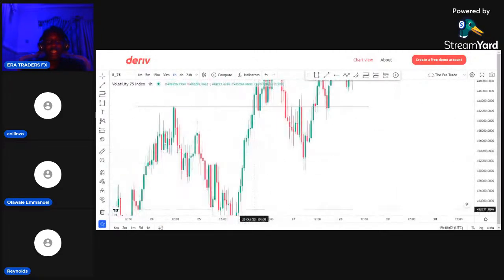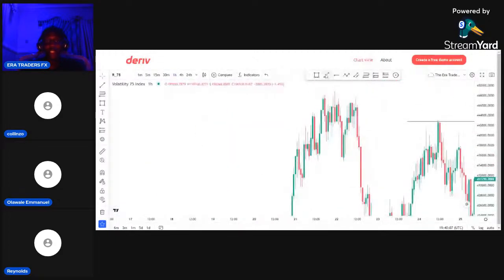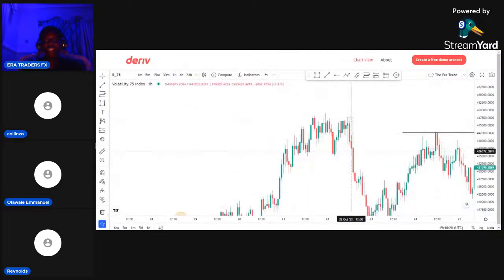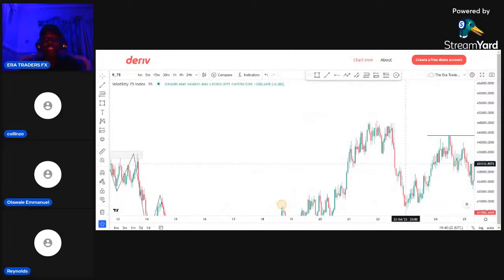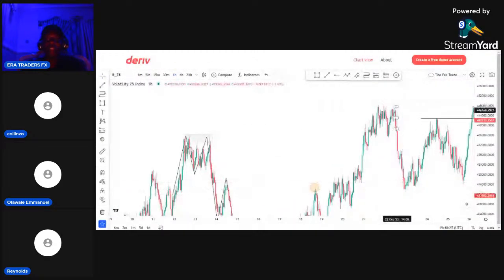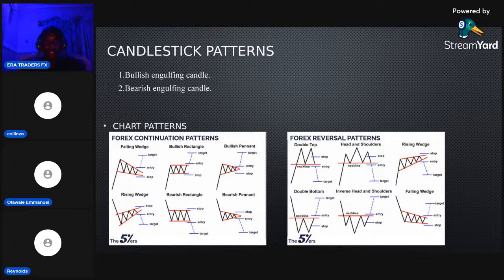When you say bearish engulfing, the bearish candle is engulfing the bullish candle. Look at the bullish candle, the green candle, and look at the bearish, engulfed it. Most of the time when you see this pattern, that means the market wants to sell. That means the selling pressure is high. So you saw how the market came down because of this signature that happened there. All right, I don't know if you get that. Okay, good, good, good.